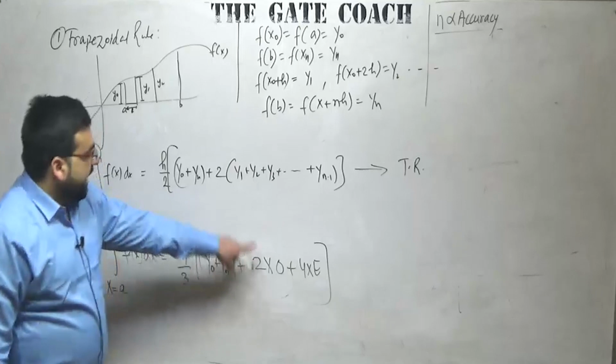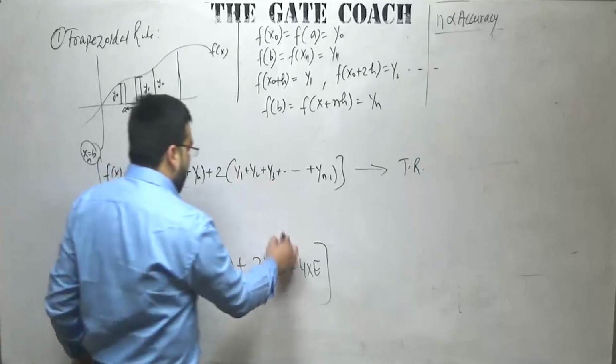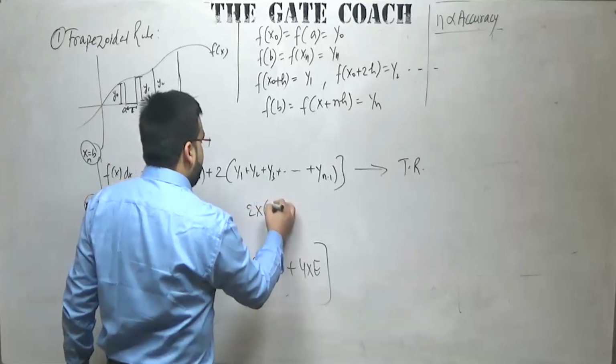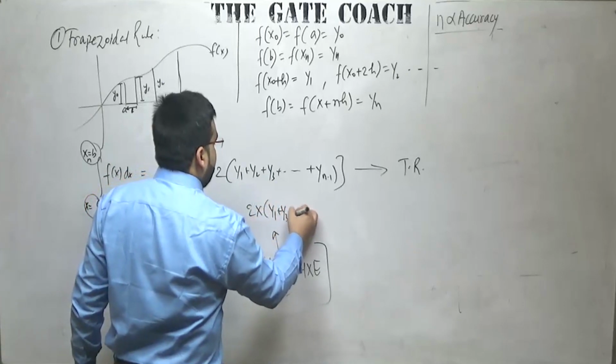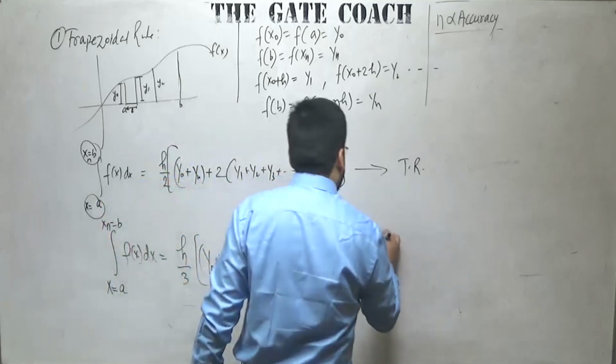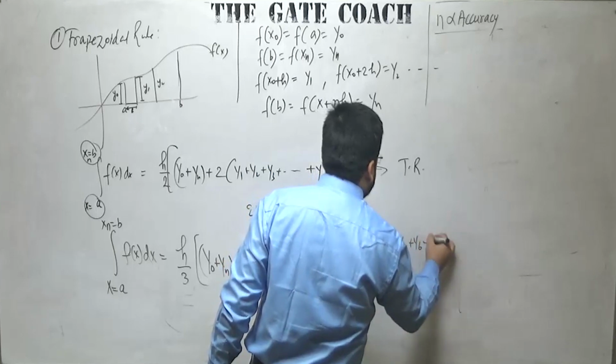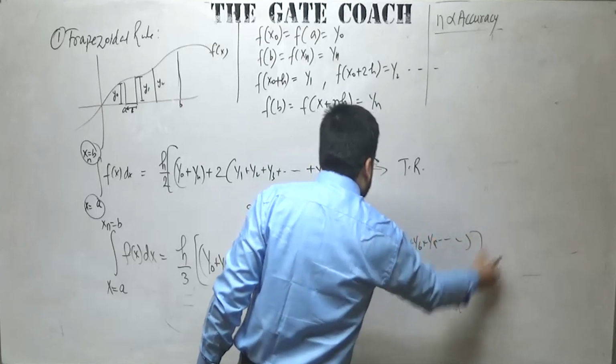Even means 2 times y1 plus y3 plus y5 and so on, and even means 4 multiplied by y2 plus y4 plus y6 plus y8 and so on.